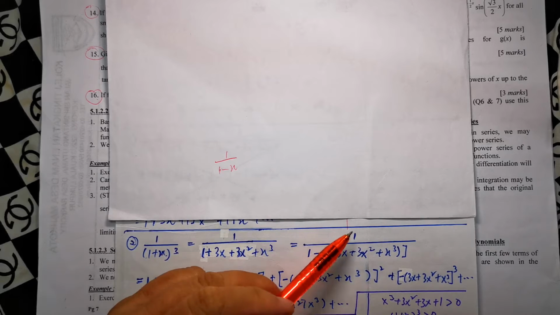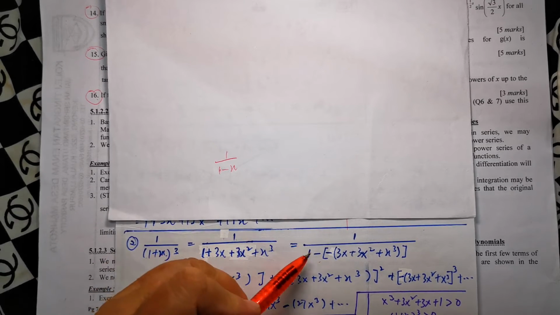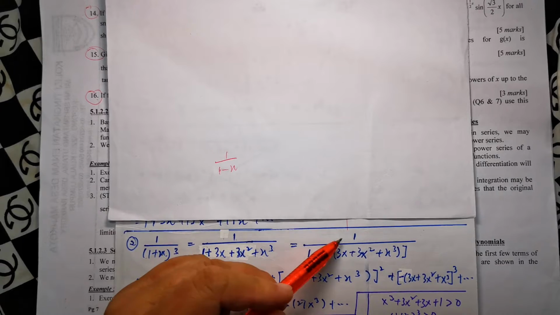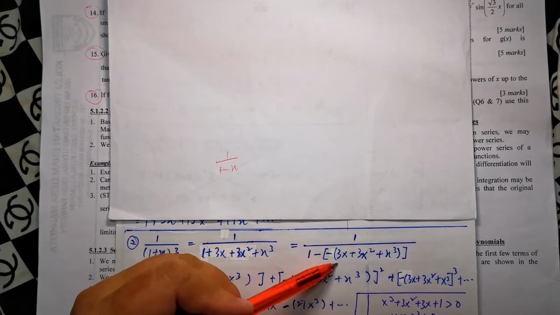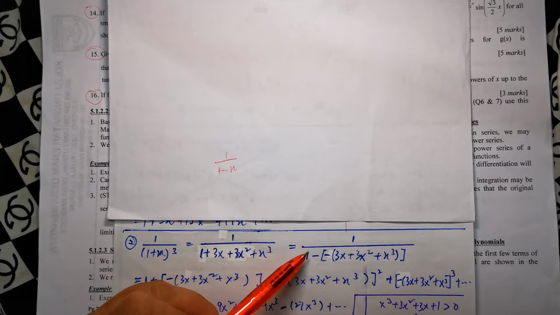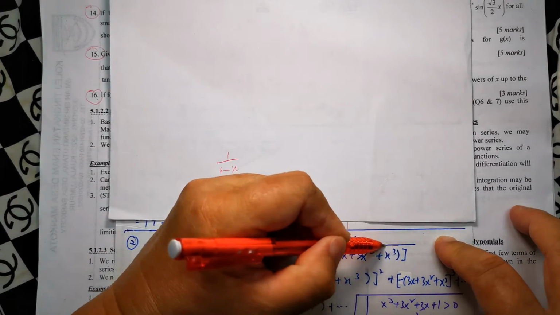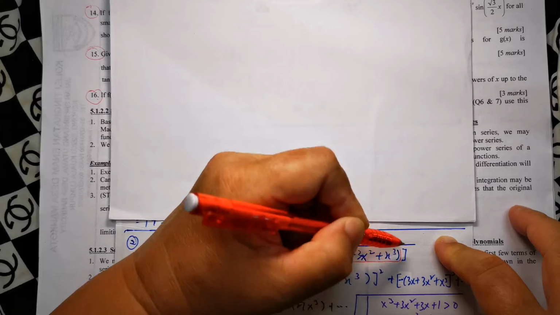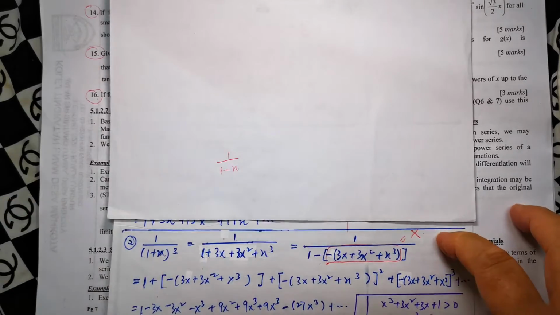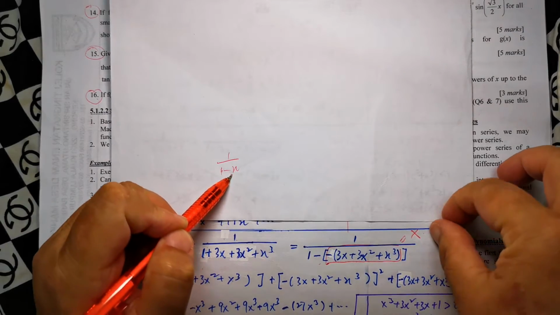So it becomes 1 over 1, this is plus, so it becomes 1 minus negative this whole thing. So now it is in the form 1 over 1 minus x. So this whole big thing is actually our x, that we are going to sub into this standard Maclaurin series.